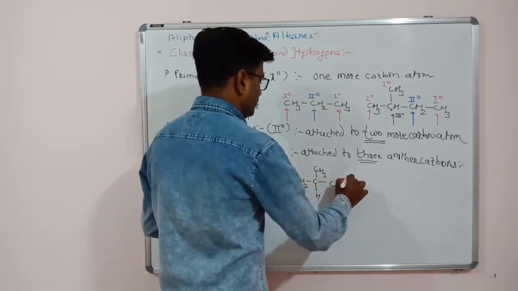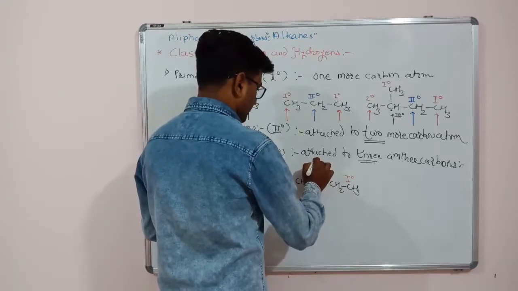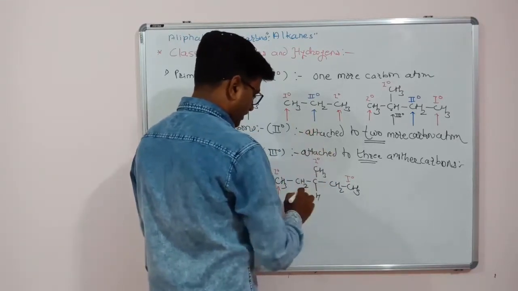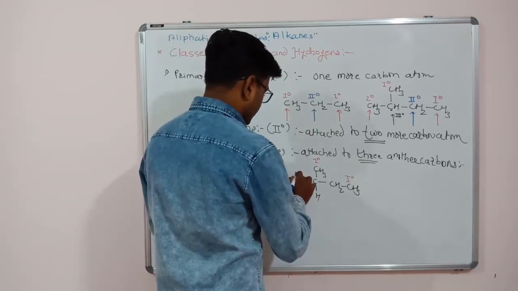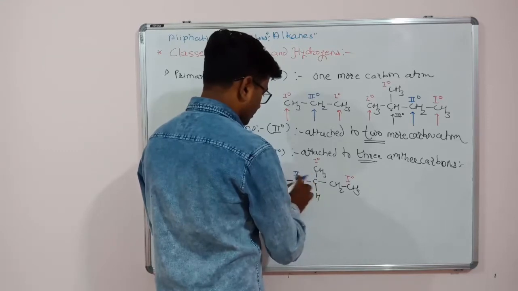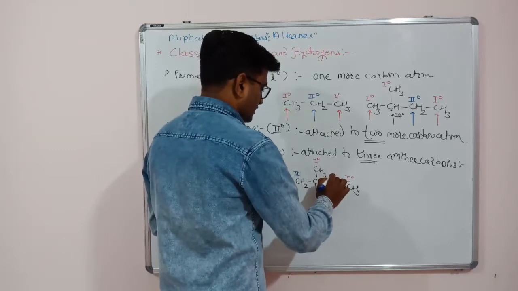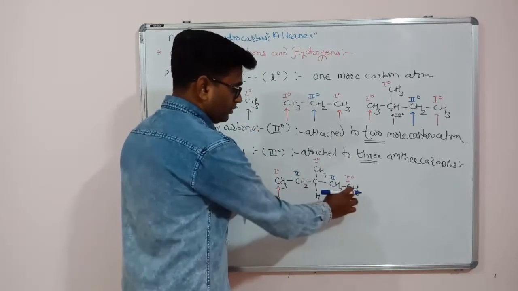This carbon is also a primary carbon because it is attached to one more carbon only. This carbon is also a primary carbon because it is attached to one more carbon only. While this carbon is called a secondary carbon because it is attached to two more carbon atoms. This carbon is also called a secondary carbon because it is attached to two more carbon atoms.